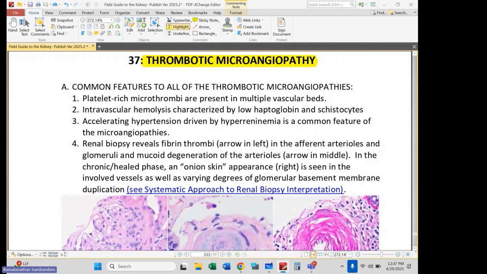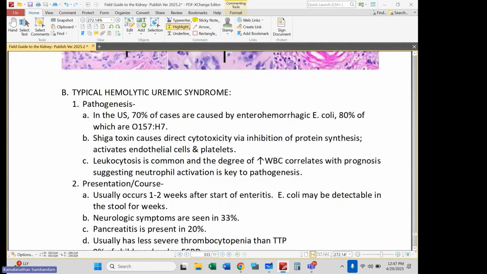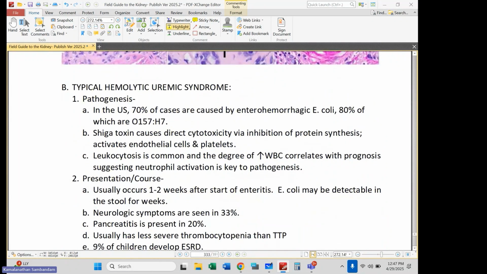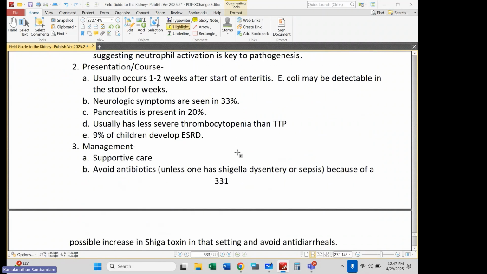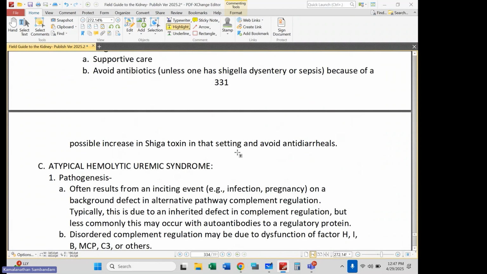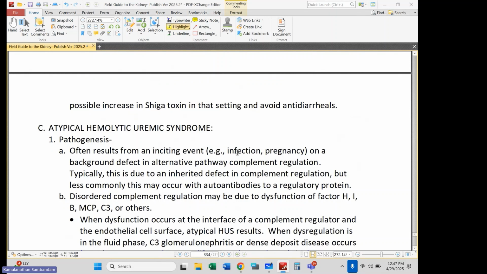All right, so then let's talk about some common features that one can see with the TMAs before we talk about individual TMAs. As we talk about individual TMAs, let's highlight the road ahead. So typical hemolytic uremic syndrome, that's after the intestinal infection with E. coli, for instance, or shigellosis. So that's typical HUS.